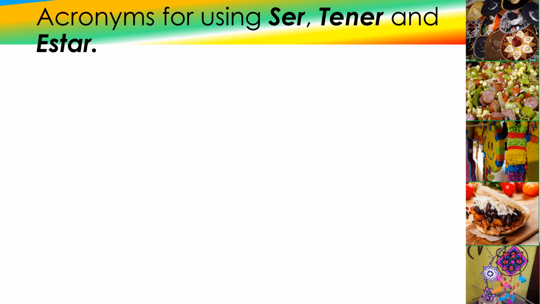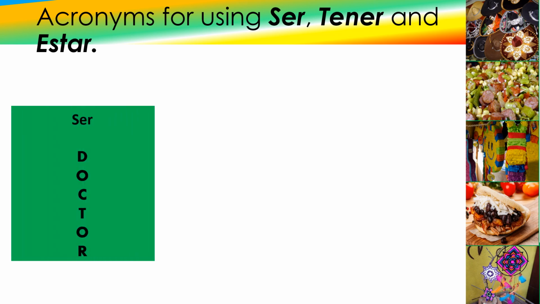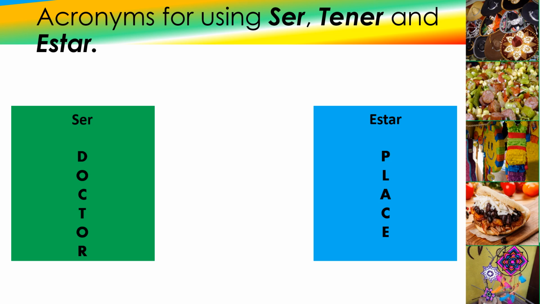As was mentioned previously, we are now going to delve into how and when to use these verbs by learning three acronyms we can use to remember their usage. Let's look at the first one, for the verb ser, and that's DOCTOR. The second one, estar, and that's PLACE.